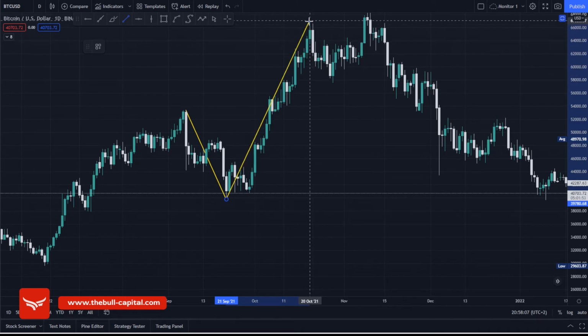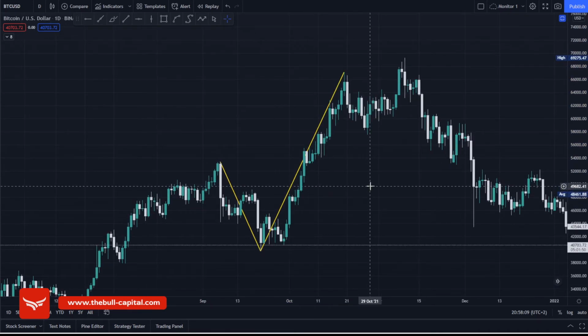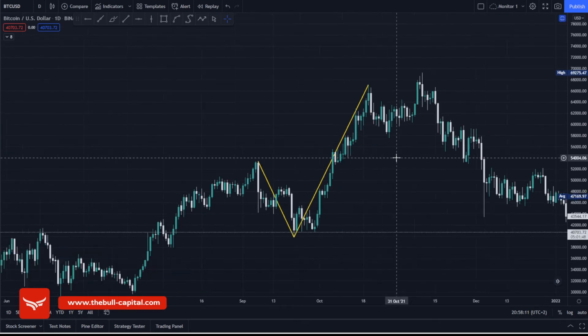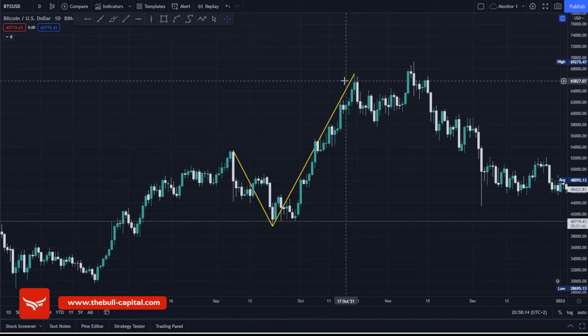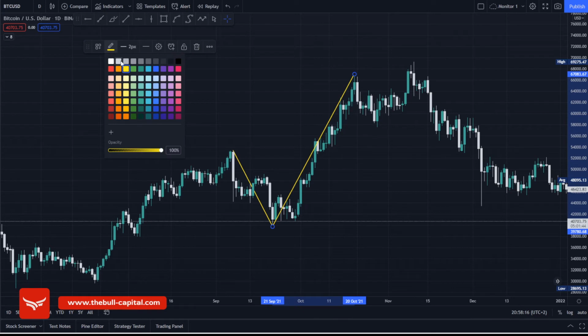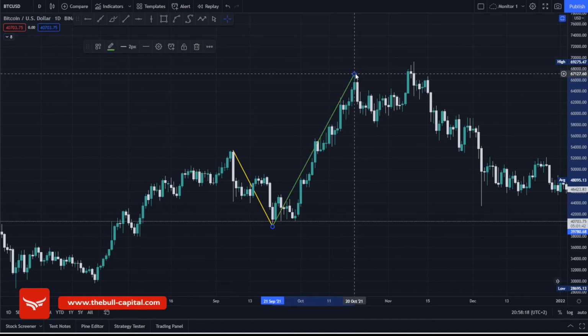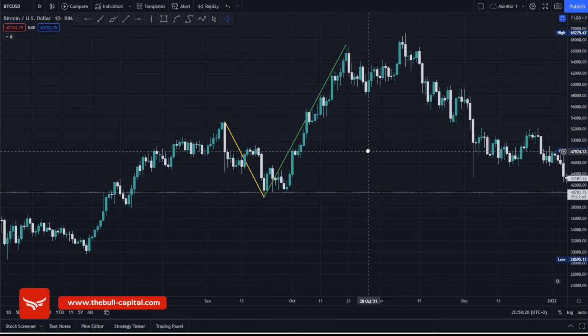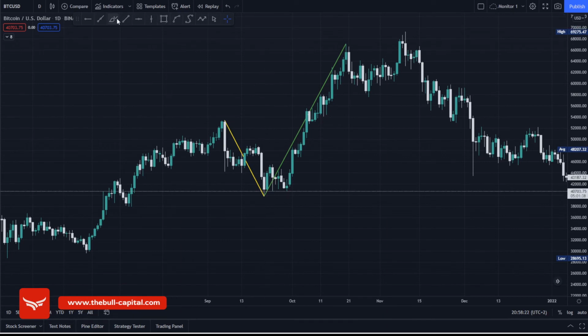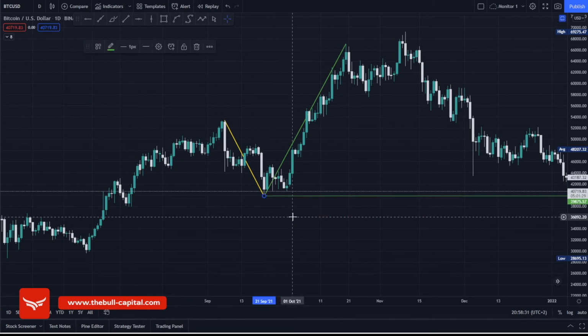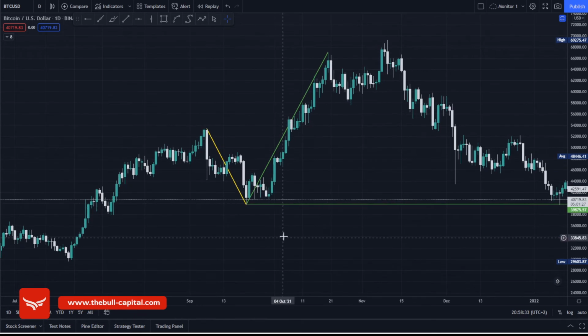This is the highest point. I'm going to mark this with green. This is a swing high. Now here we formed a valley, and we're going to mark this valley as support.